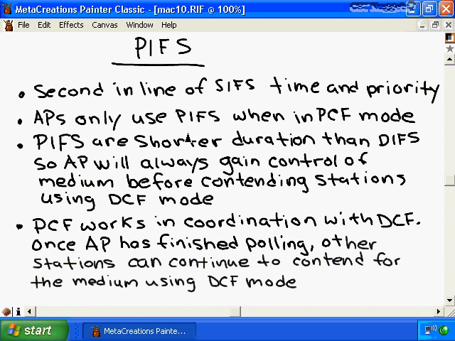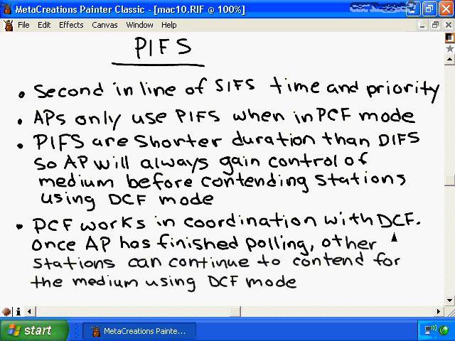So PIFS, interframe spacing, is only used when the access point is running in PCF mode. So if PCF mode is available on an access point and is enabled, a PIFS, because it's shorter in duration than a DIFS, will have higher priority than a DIFS.